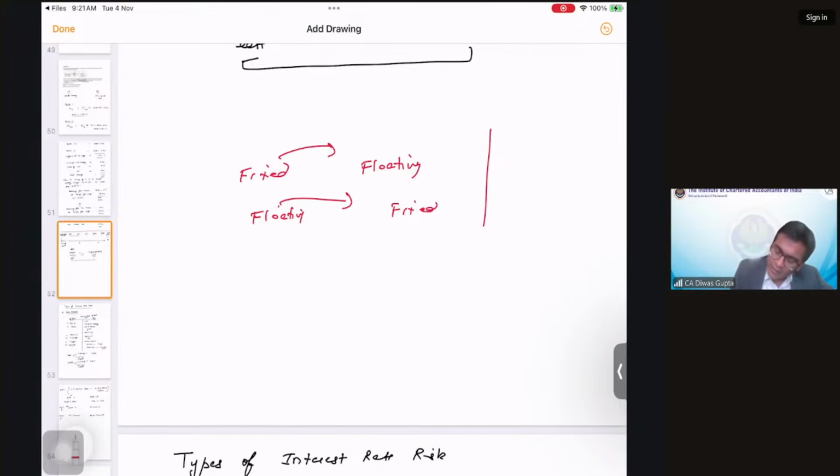Similarly, if let's say you have taken a USD loan and you want to convert it into an INR rate, even that is possible. Or you have taken an INR loan and you want to convert it into a USD rate, even that is also possible. So in both the cases, there is a swap that we have agreed and entered into. So swap means swapping your obligation.